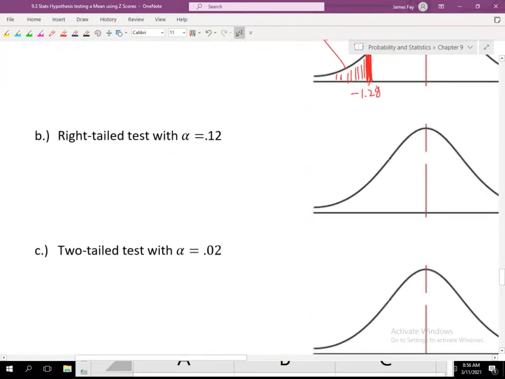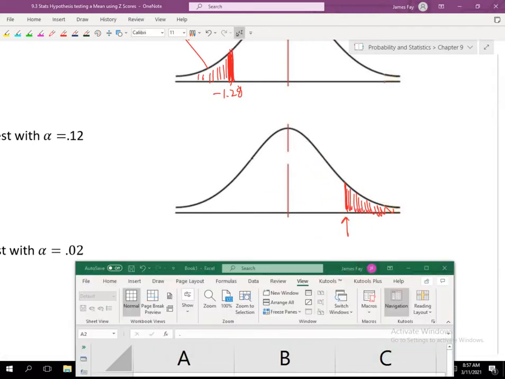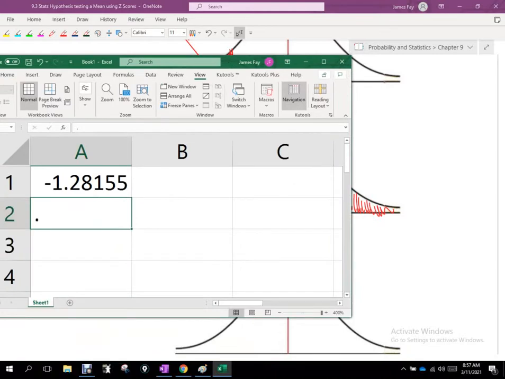The next one, okay, this is a right-tailed test, with alpha being 12%. So we're okay with a 12% level of potentially having type 1 error. If it's a right-tailed test, we're looking to find out what is the z-score that separates those two regions. So again, we're going to take our inverse norm.